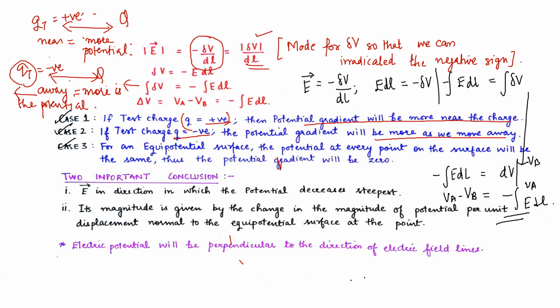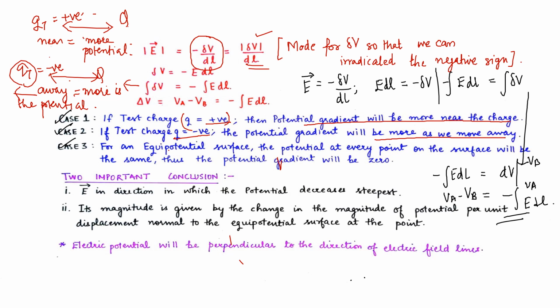So in a similar way, when our charge Qt is positive, it will have more potential near the capital Q charge, because our Qt is positive right now. But in case our Qt becomes negative, what will happen? Once you become negative, you start moving away from the people who make you think such things.